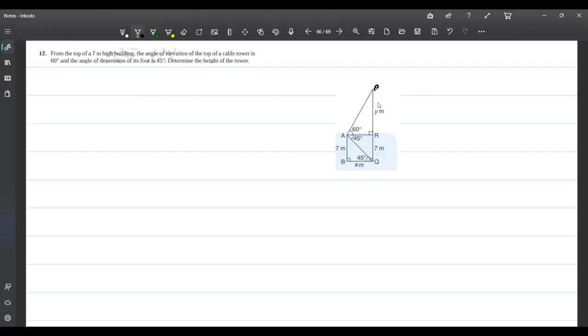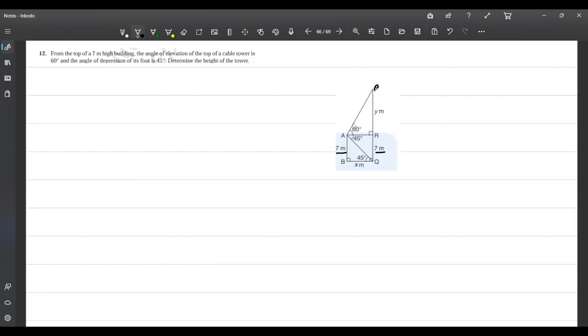Determine the height of the tower. So suppose that AB is the building and PQ is the height of the tower. AB is 7 meters, so RQ is also 7 meters, and we have to find the value of y.